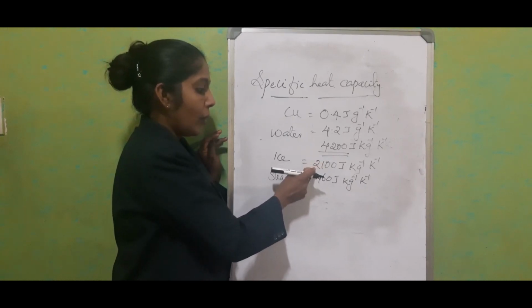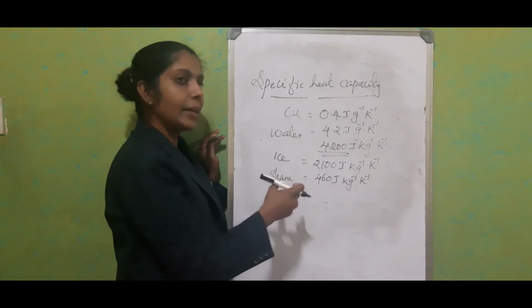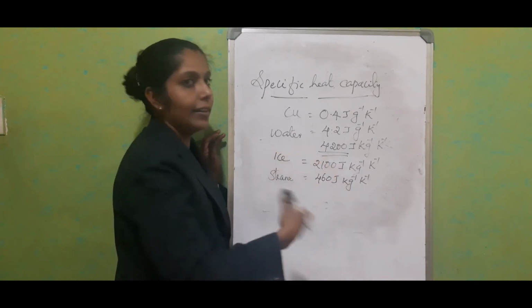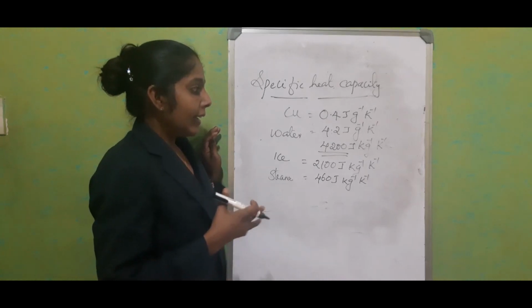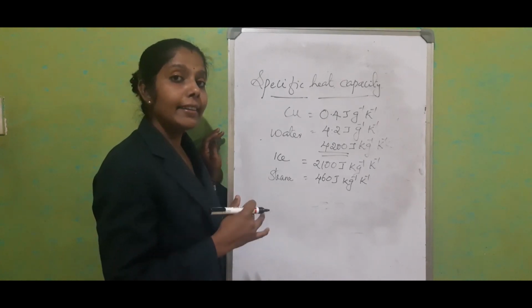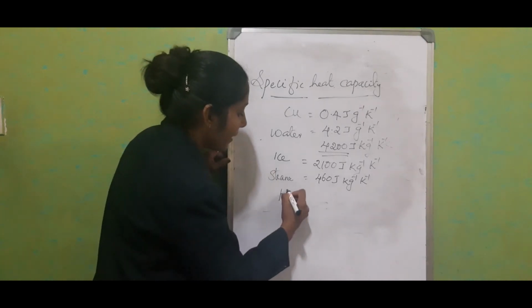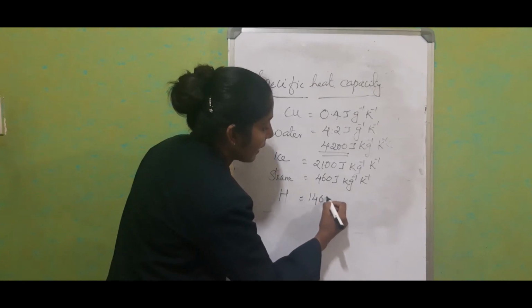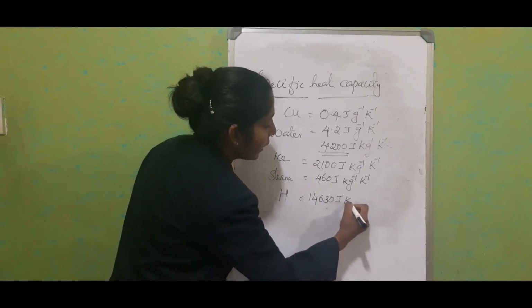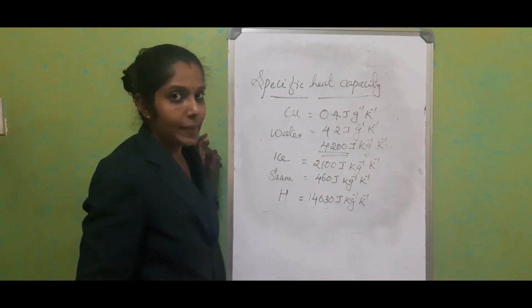Comparing with water, ice is a better conductor of heat energy, and steam conducts heat energy much faster. In the entire world, hydrogen actually has the highest specific heat capacity. The specific heat capacity of hydrogen is given as 14,630 joule kilogram raised to -1 and Kelvin raised to -1.